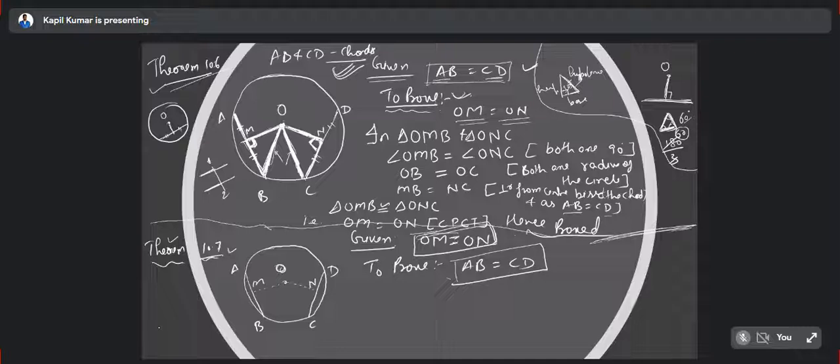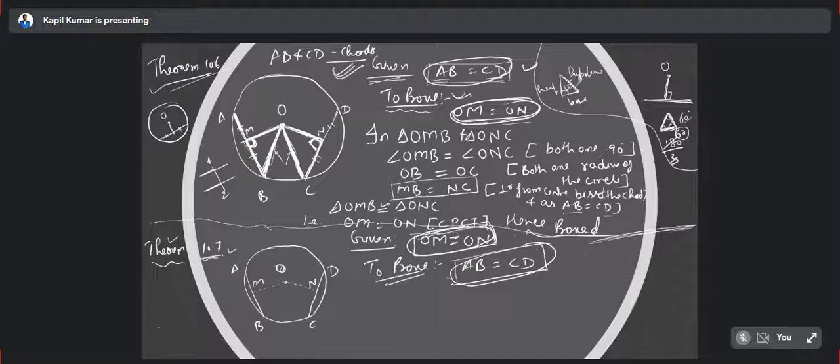In 10.6, AB is equal to CD was given, and here it is to prove that AB is equal to CD. And here what is given is OM is equal to ON. Can you see this difference? So the only change is going to be with this.